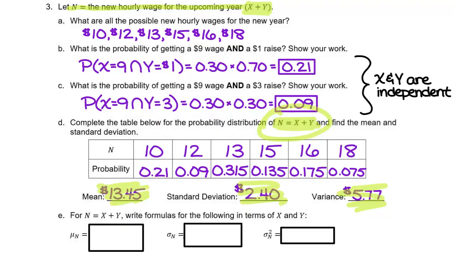So figure out what you would do with the means to arrive at this new mean of 13.45. What would you do with the standard deviations? What would you do with the variances for x and for y to end up with this new mean for n, this new standard deviation for n, and this new variance for n? I'll give you guys about 1 or 2 minutes to look at that and see if you can find a pattern.